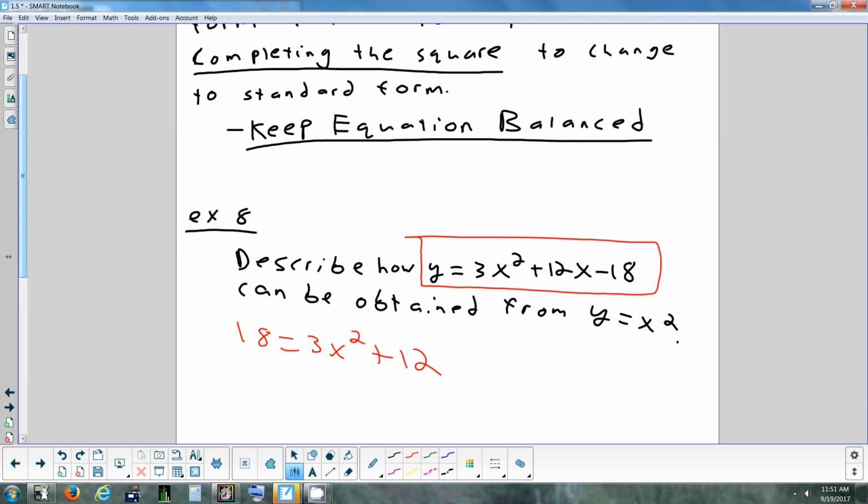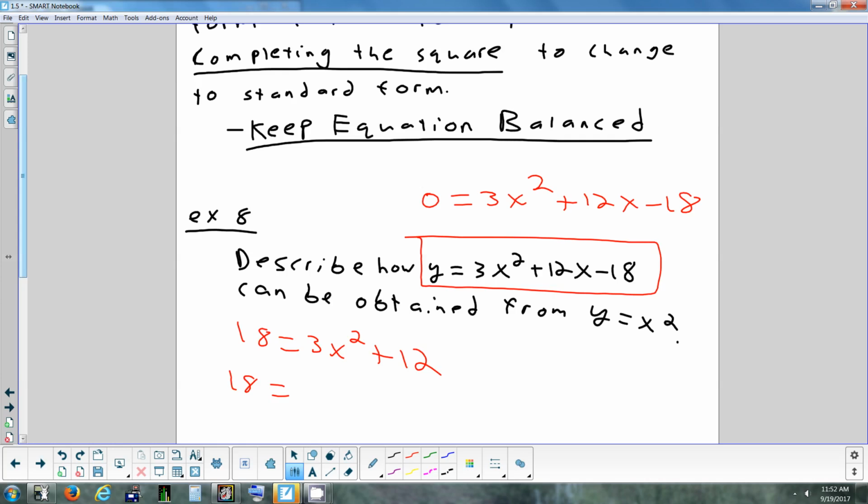To complete the square, the number in front of x squared has to be a 1. So the 18's fine. Wait, did you just get rid of the y? Yeah, I just basically pretend like it was this. Pretend like you're solving a quadratic, like it's equal to 0. And we just add 18 to put that on the other side. We'll put the y back in at the very end. Okay?